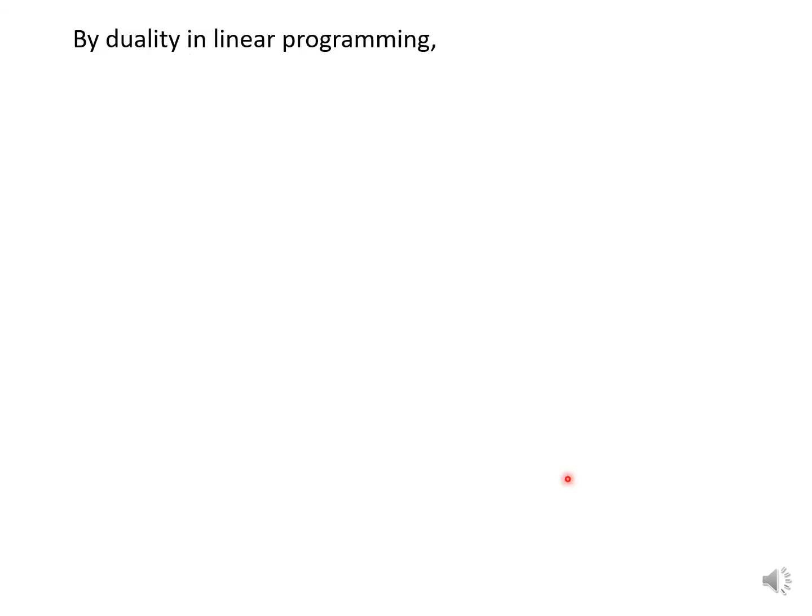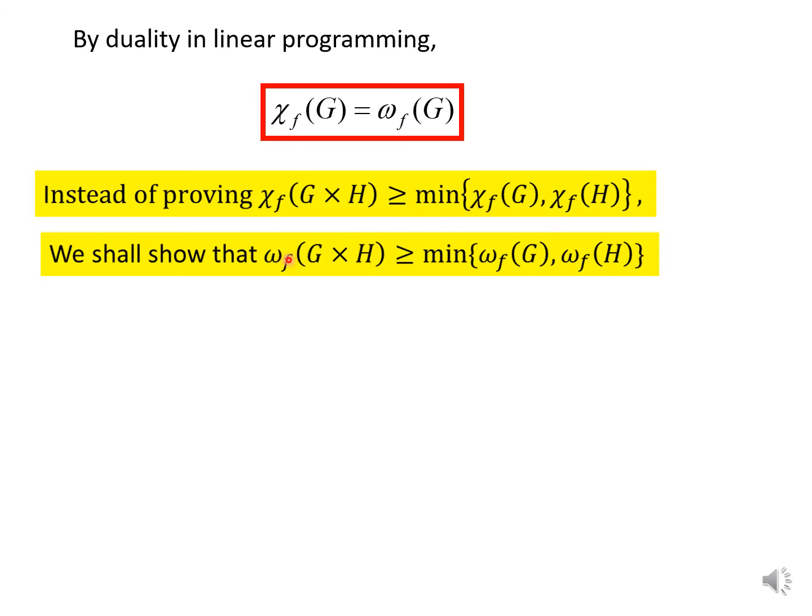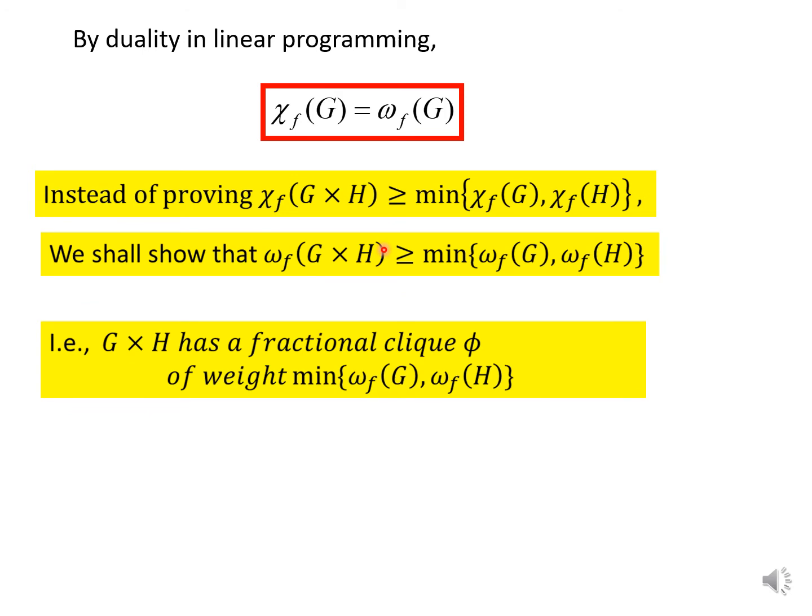Okay, so by duality in linear programming, these two problems are dual to each other, so they have the same solution. That means for every graph, the fractional clique number equals its fractional chromatic number. So this inequality is equivalent to this, right? Instead of proving this inequality, we're going to prove this one. Somehow this is easier in some sense, because to prove this, we just need to find one fractional clique of this weight, because the fractional clique number is the maximum weight of a fractional clique.